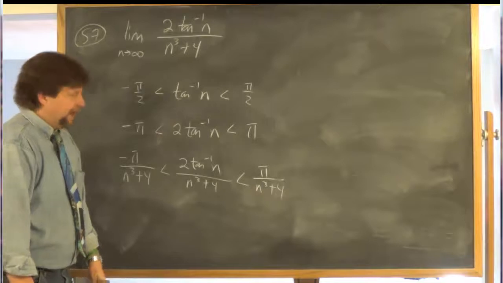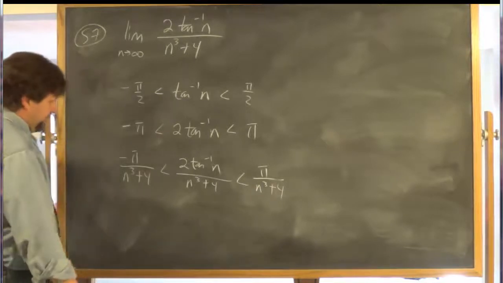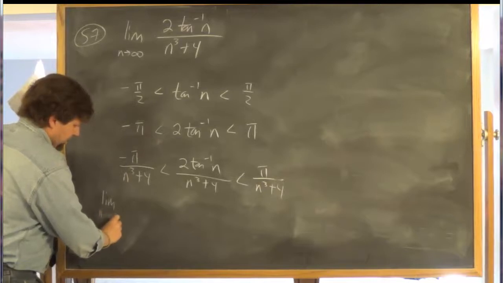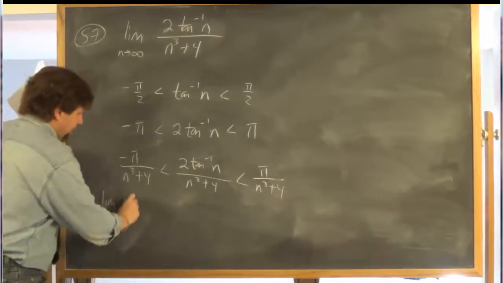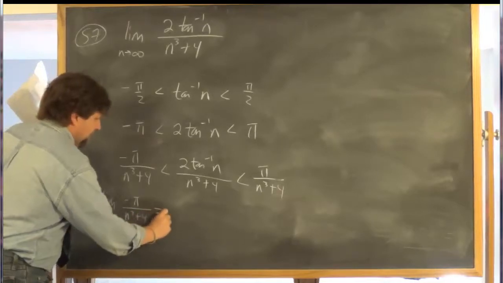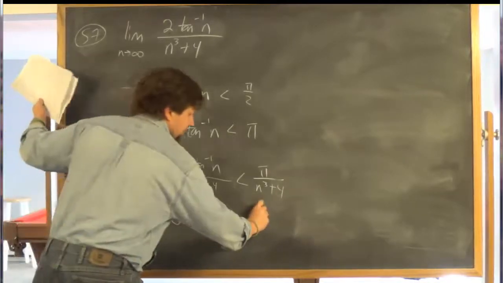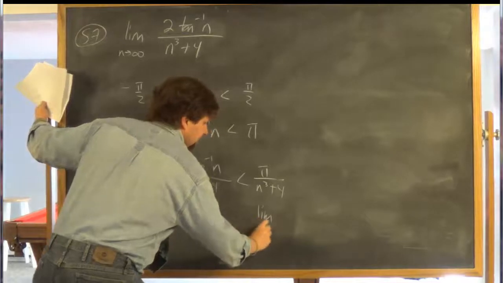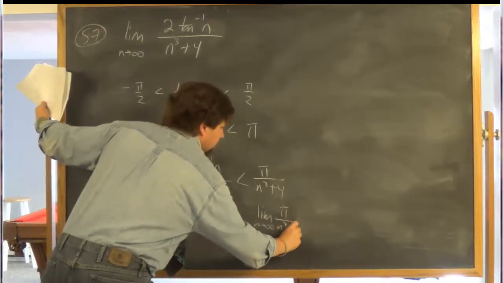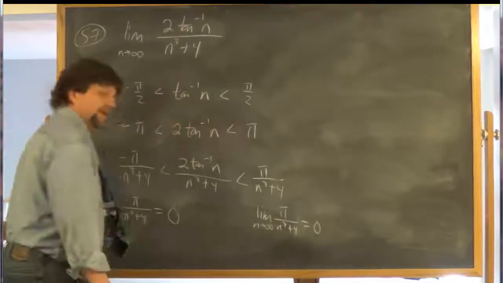And hopefully you see now that our work is pretty much done. The limit as n goes to infinity of negative pi over n cubed plus 4, that limit is 0. The limit as n goes to infinity of pi over n cubed plus 4, that limit is 0.